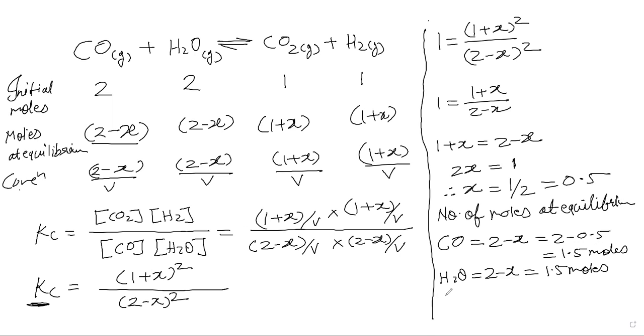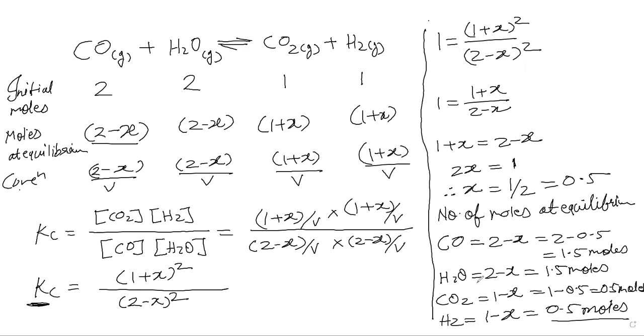Now the number of moles for carbon dioxide is 1 plus X, that is 1 plus 0.5, which is equal to 1.5 moles. Wait, as per the original, 1 minus X gives 0.5 moles, and the same number of moles you will get for hydrogen. So the number of moles for hydrogen is equal to 1 minus X, which is 0.5 moles. So here we got the number of moles at equilibrium.